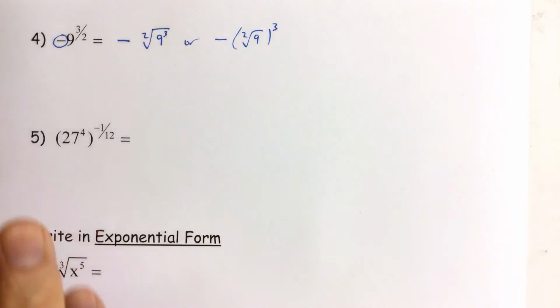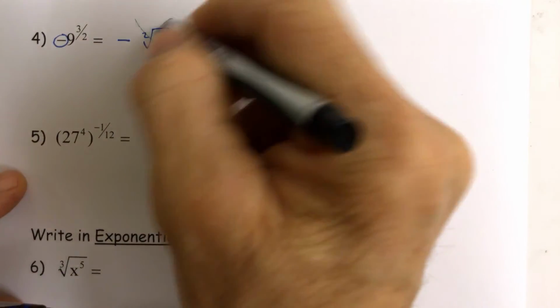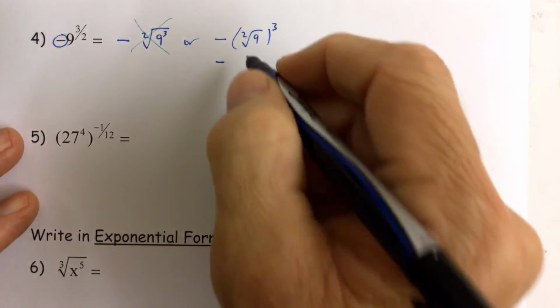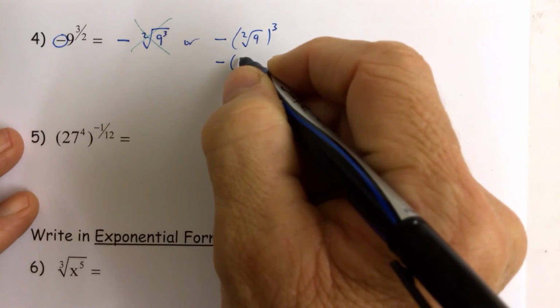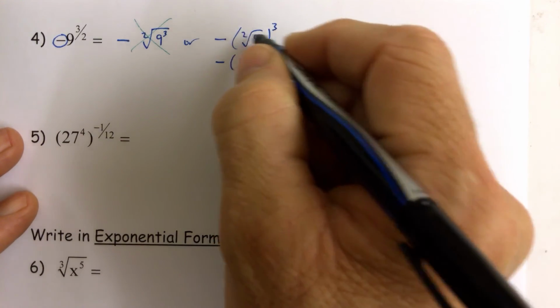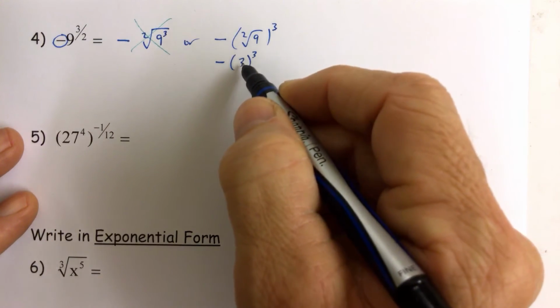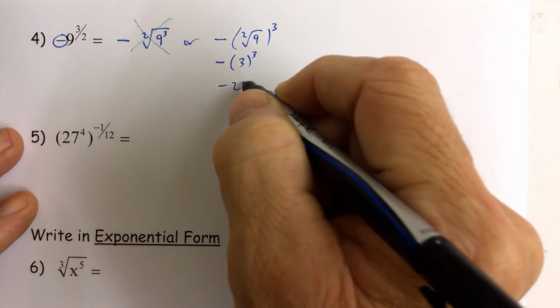Here, I don't want to have to do 9 cubed, so I'm going to keep my number small and keep that minus sign out there. We know that the square root of 9 is 3, because 3 squared is 9. Then we have to make sure we cube the 3, and 3 cubed is 27.